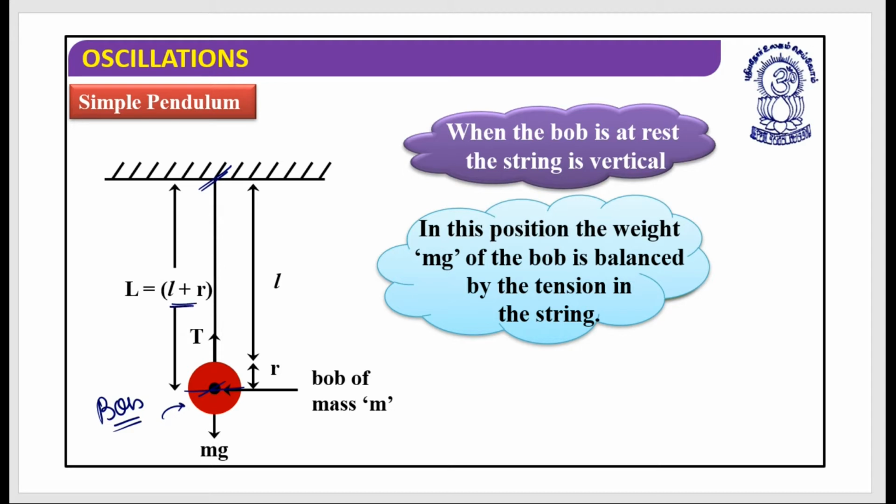Ideally it is L plus r. In this position the weight mg of the bob is balanced by the tension in the string. Tension acts in the upward direction, generally away from the body, and mg acts in the downward direction.